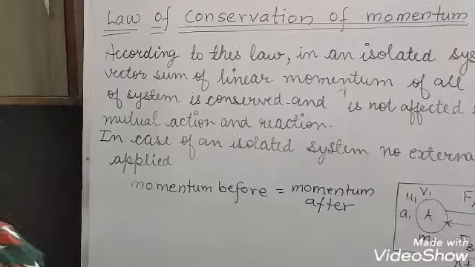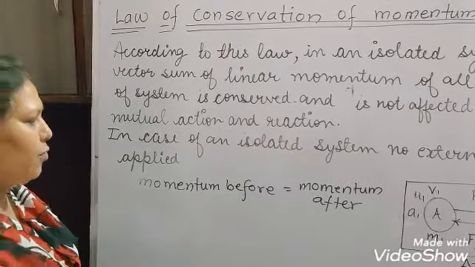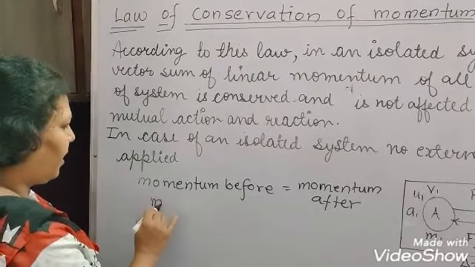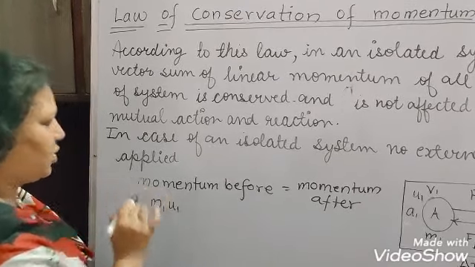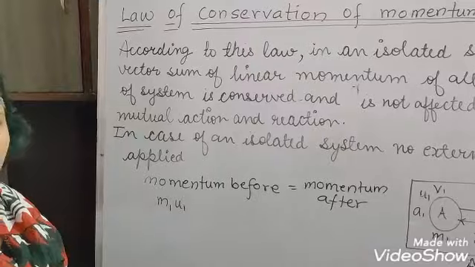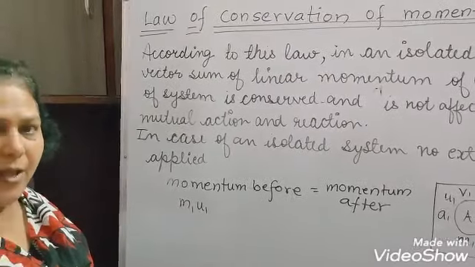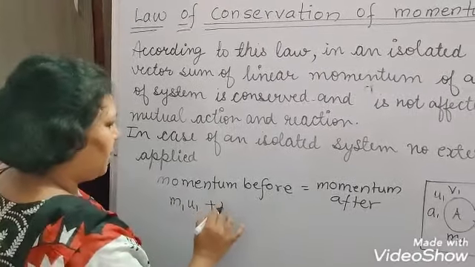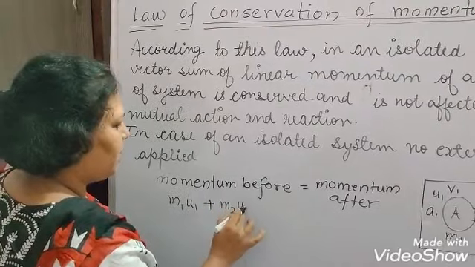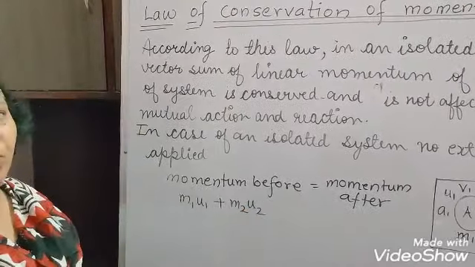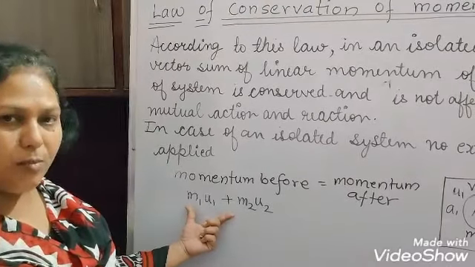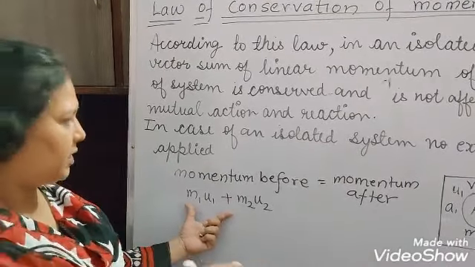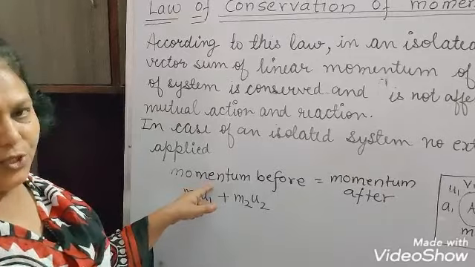The momentum before: the momentum of body A is mass m1 and initial velocity u1, then the momentum of body B is m2 u2. So this is the total momentum of this system before collision.